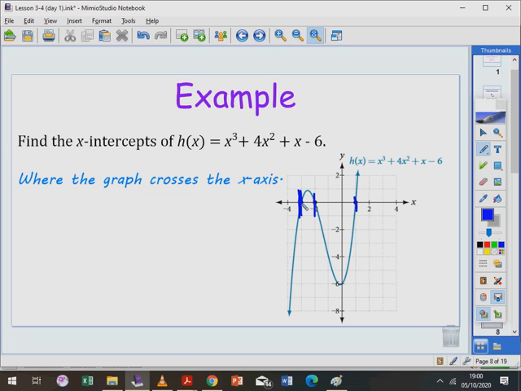Just to clarify, I might have misled you. If the highest power is 3, that's the number of x-intercepts it has, but the number of turning points is 1 less than the highest power. So I know I misspoke at some point, but the number of turning points is 1 less than the degree of the polynomial, while the degree of the polynomial is at the same time the number of x-intercepts that polynomial has.